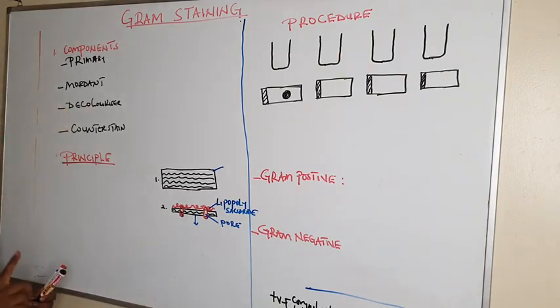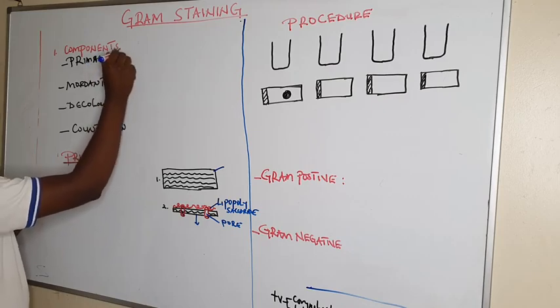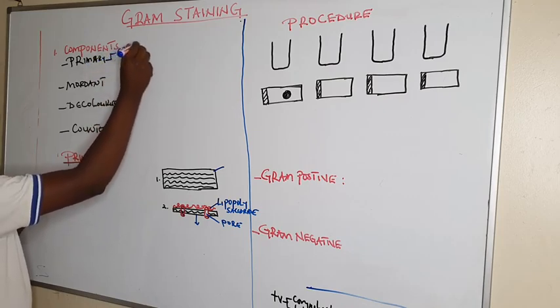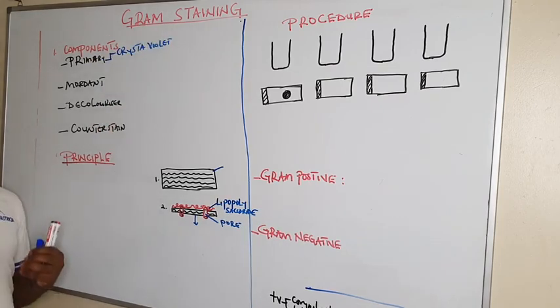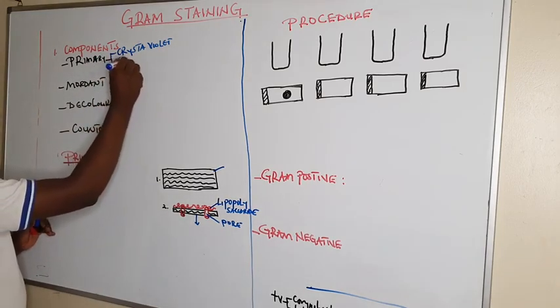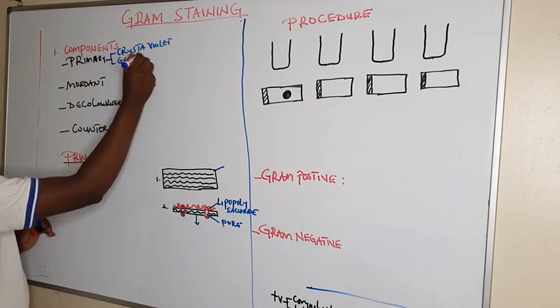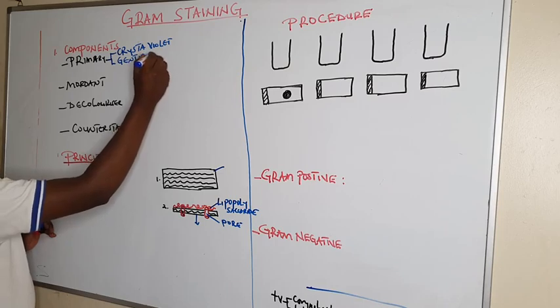And the primary stain is known as crystal violet. The major one is crystal violet. But if you don't have crystal violet, you can use gentian violet, or methyl violet.